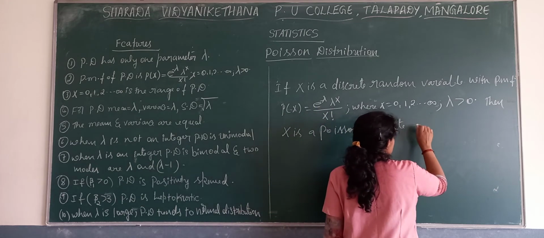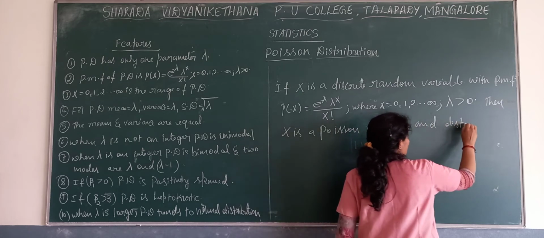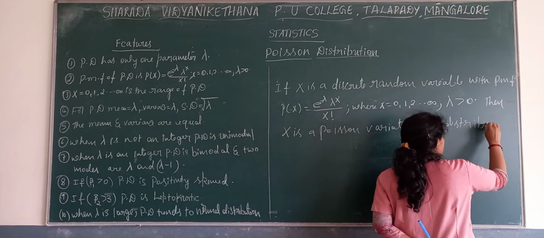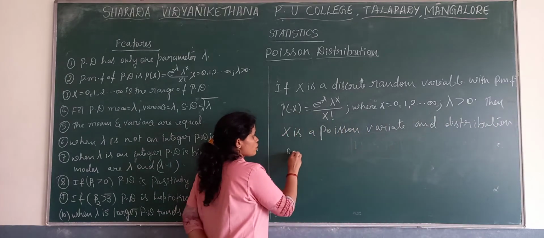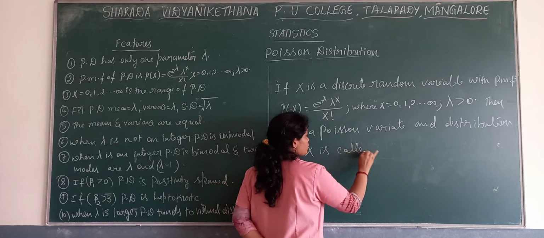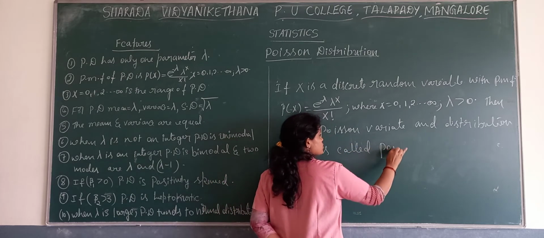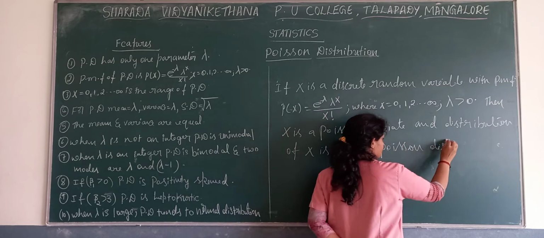Then the distribution of x is called Poisson distribution.